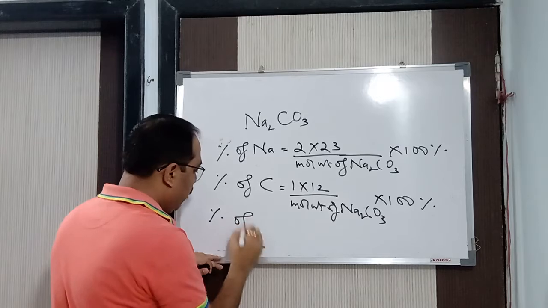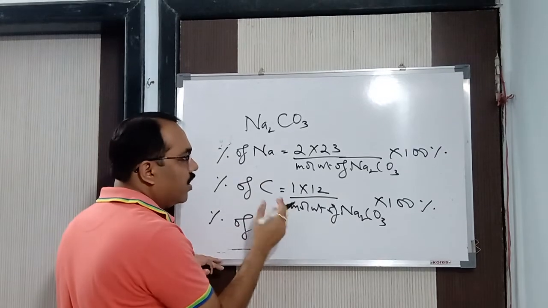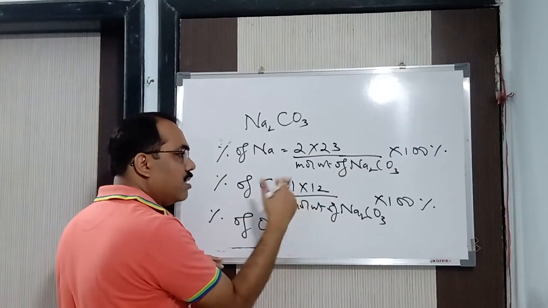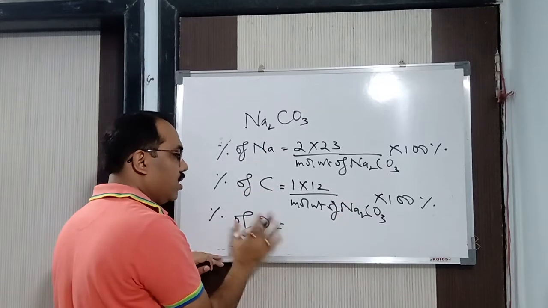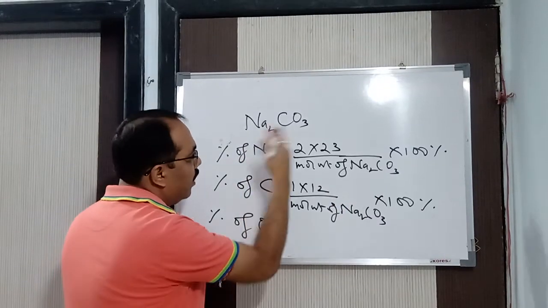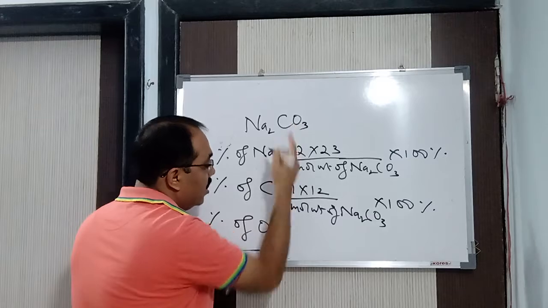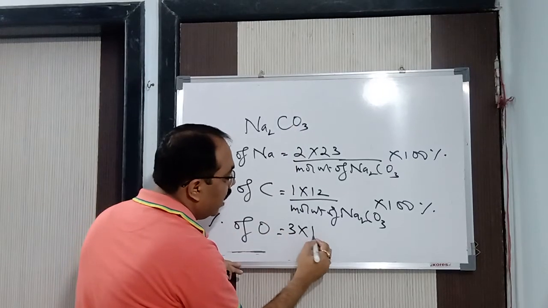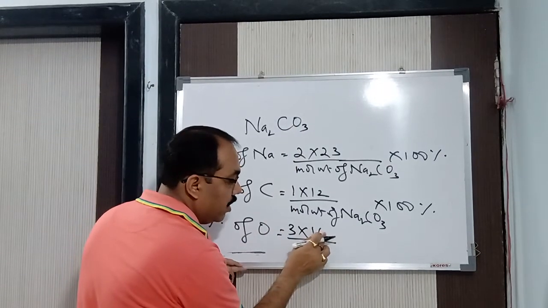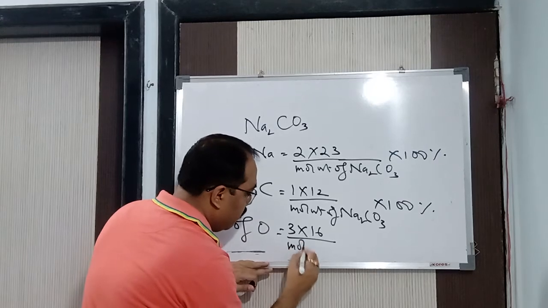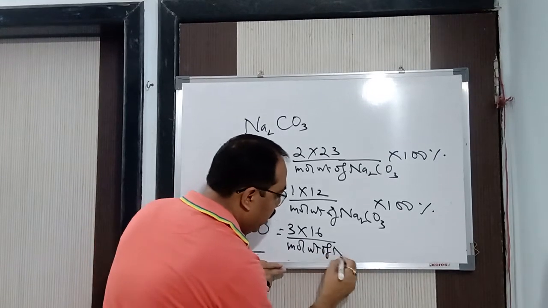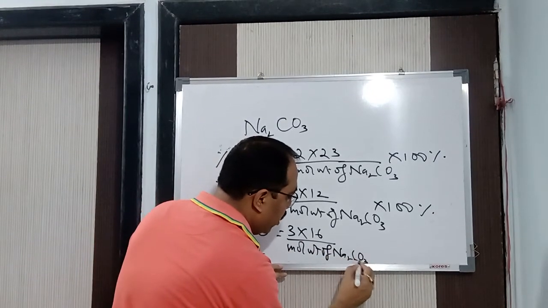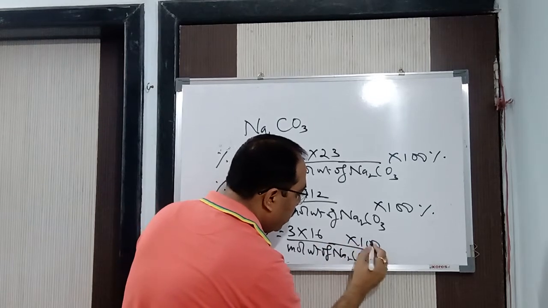Similarly, percentage of oxygen. Of course, what you can do is add the other two percentages and subtract from 100 to get the percentage of oxygen. That also you can do. But according to this formula, how many oxygen? 3 oxygen atoms into the atomic weight of oxygen, 16. This also will be given to you, divided by the molecular weight of Na2CO3 into 100%.